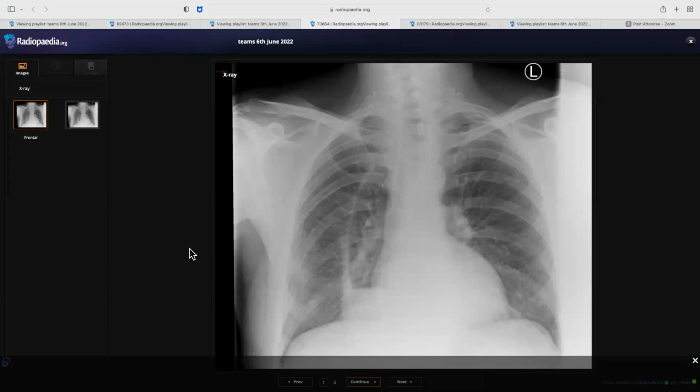There is a line which I'm not sure is bulging, going from this density. So what do you think that line is? This could be a vessel, or the differential could be a hernia, a Morgagni hernia.